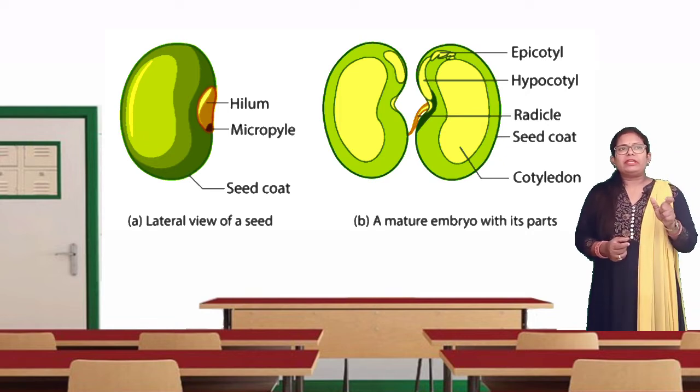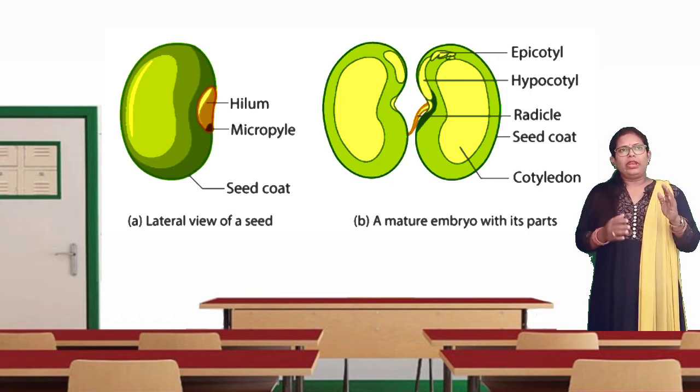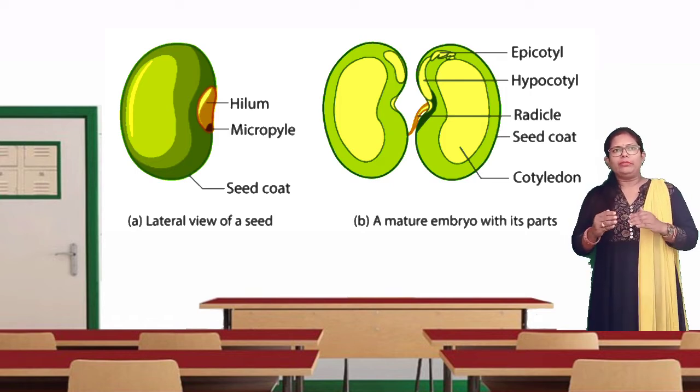So as the prefix suggests, epi means above, cotyl means cotyledon, whereas hypo means below and cotyl means cotyledon.